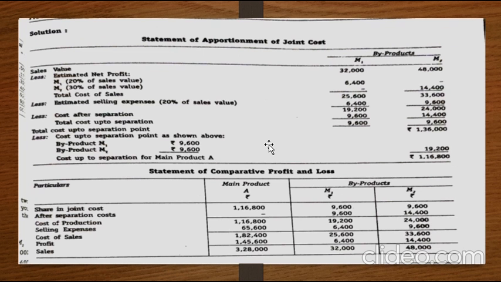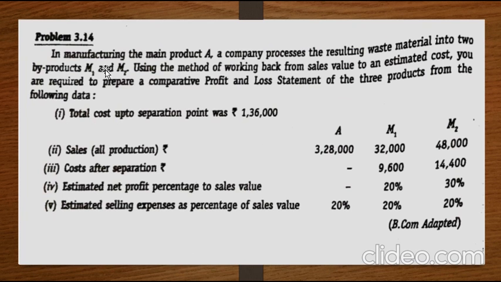As they have stated in the question, in manufacturing the main product A, the company processes the resulting waste material into two byproducts M1 and M2. Using the method of working back from sales value to an estimated cost, you are required to prepare a comparative profit and loss statement for the three products from the following data. A is the main product.